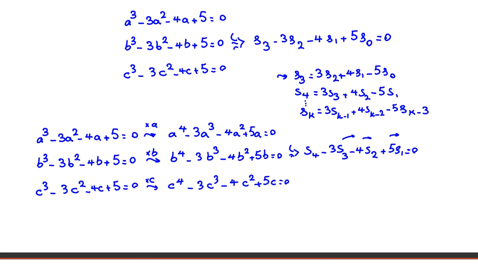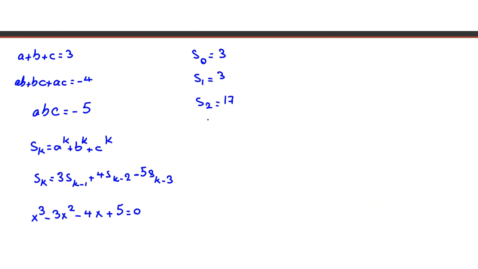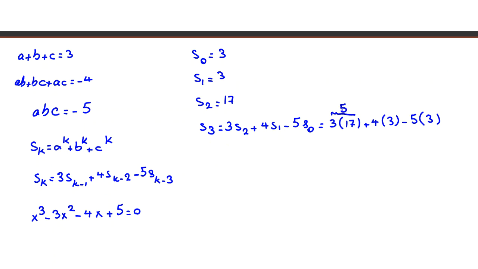Okay. Now let's calculate the rest. For example, if we need up to S5, you will see why. Let's calculate S3. By this formula, S3 is 3S2 plus 4S1 minus 5S0. So it will be 3 times 17, plus 4 times 3, minus 5 times 3. This one is 51, this one is 12, this one is negative 15. 51 plus 12 minus 15 is 48.